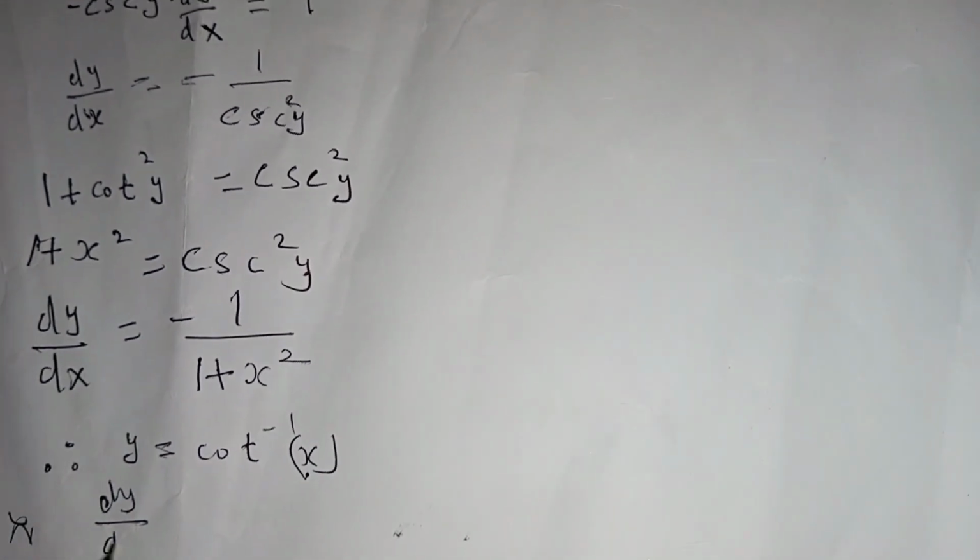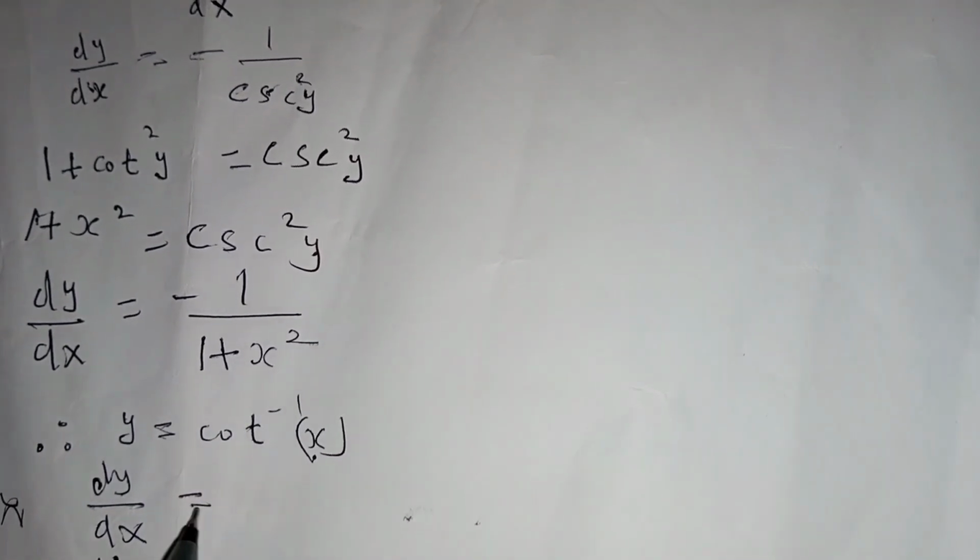Therefore, when you have y is equal to cot inverse of x, then the derivative dy over dx is the same as negative 1 divided by 1 plus x squared.